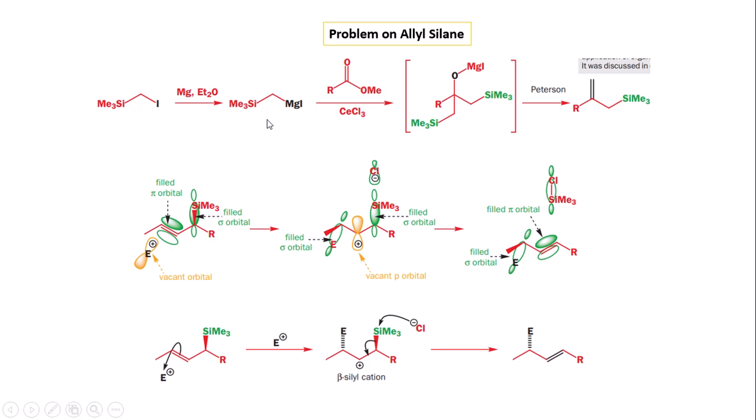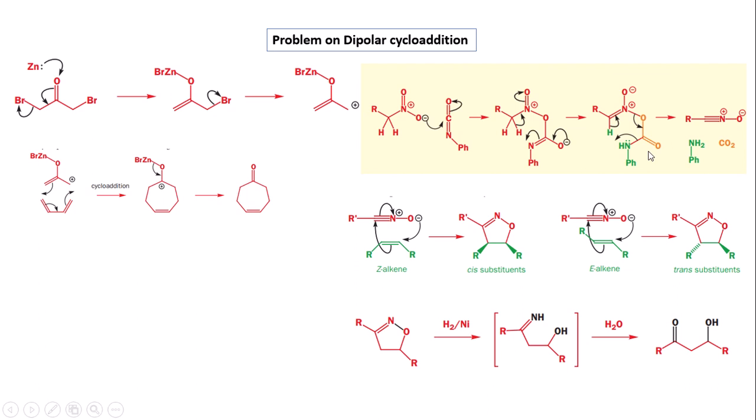By excess Grignard addition, we get the tertiary alcohol, and then the Peterson olefination, which means the hydroxy group and the silicon group are in the beta position, takes place to give the desired allyl silane product. This reference comes from Clayden's book, and so many interesting problems are given in the Clayden book on silicon chemistry.